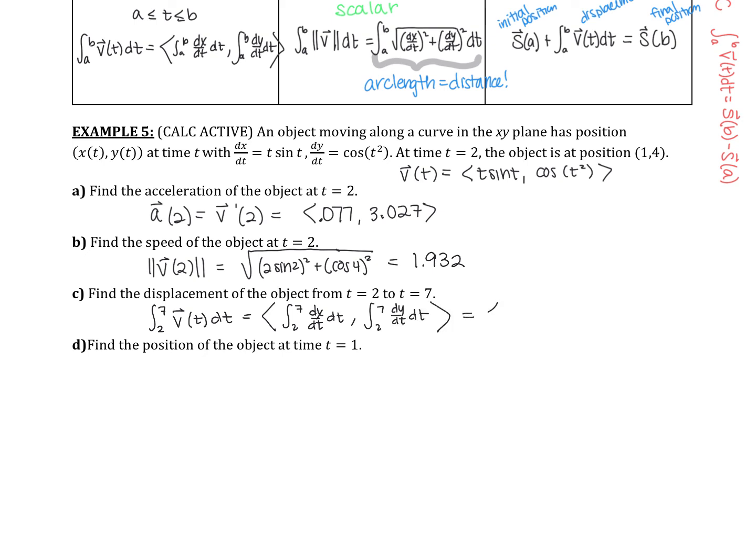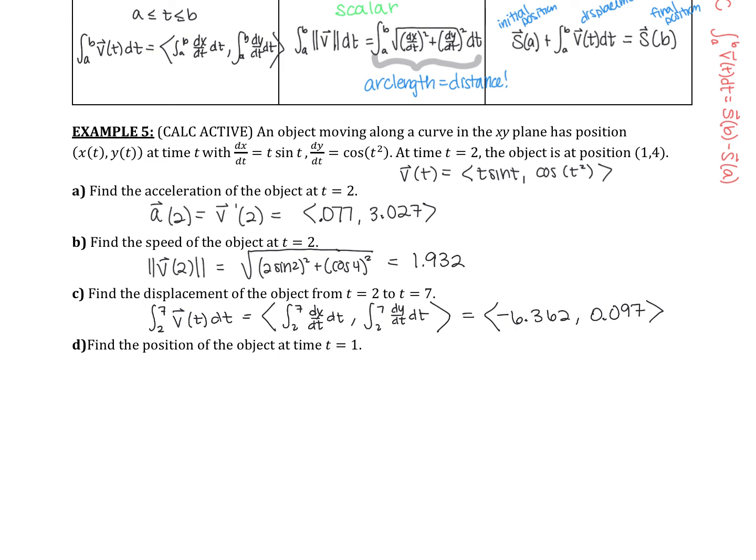And then I can type that in my calculator, and you can verify this with your calculator. I get the vector negative 6.362 and 0.097.